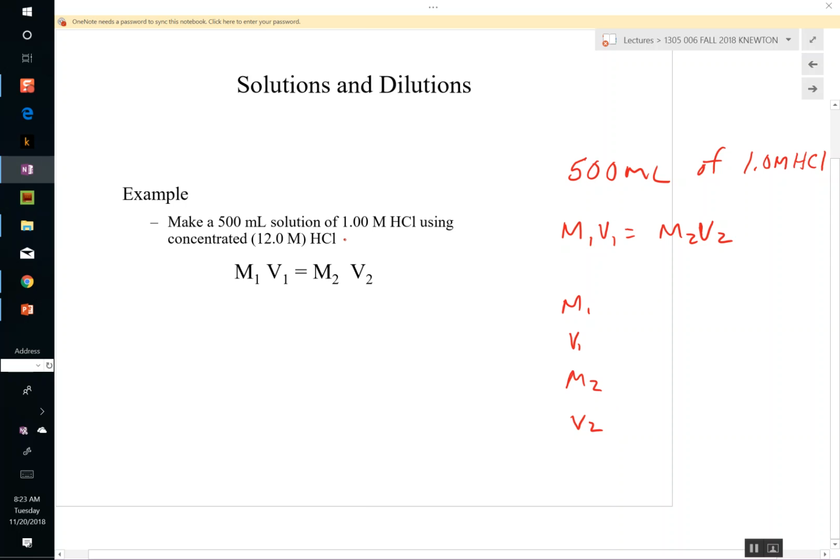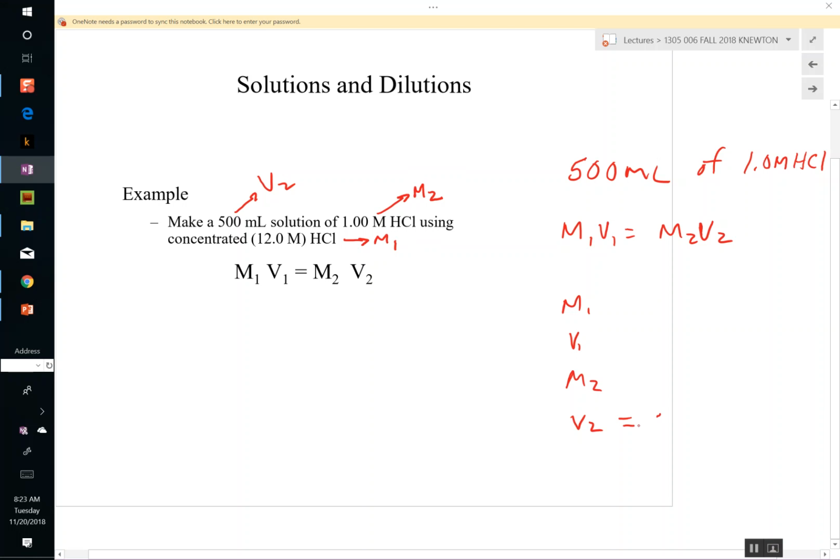So this is M1. This is M2. This is V what? V1 or 2? 500 milliliters. V2. That's the final volume of diluted hydrochloric acid we want.